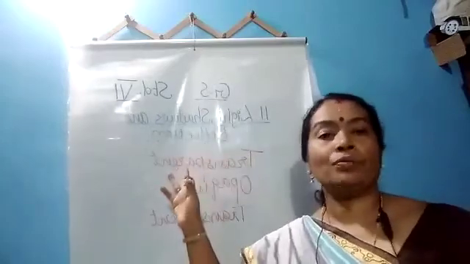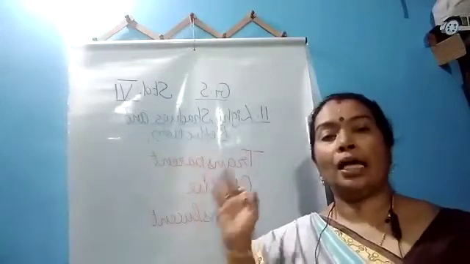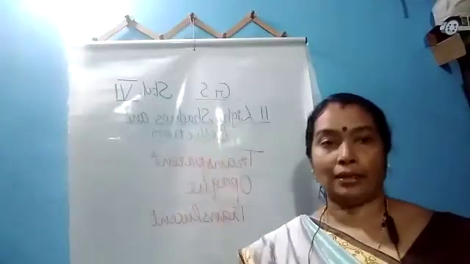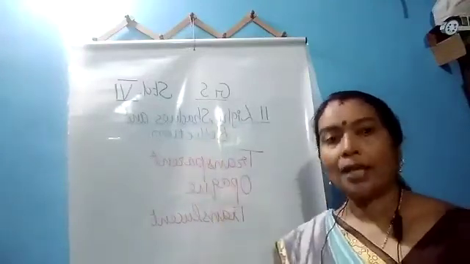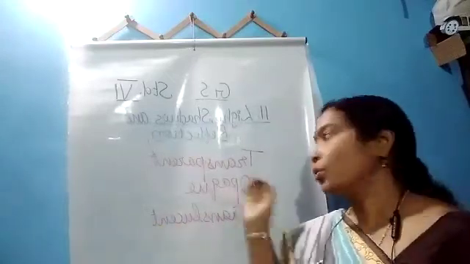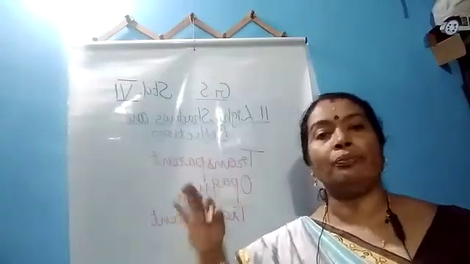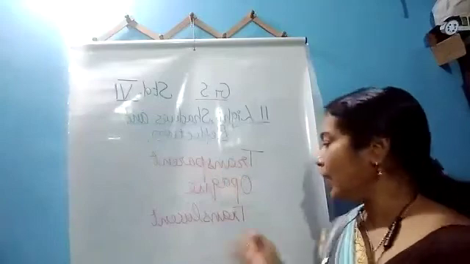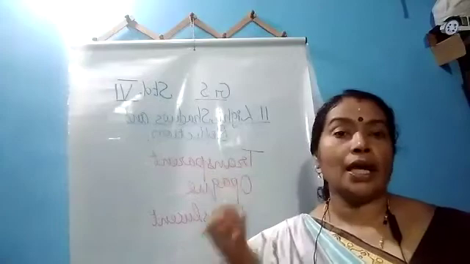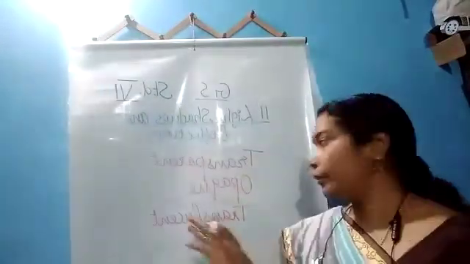Transparent: the object allows the light to pass through it and allows us to see clearly the things behind it. And opaque: the objects which don't allow the light to pass through, so they don't allow us to see the objects behind. A translucent object allows partial light, one part of the light, not the whole light, to pass through.